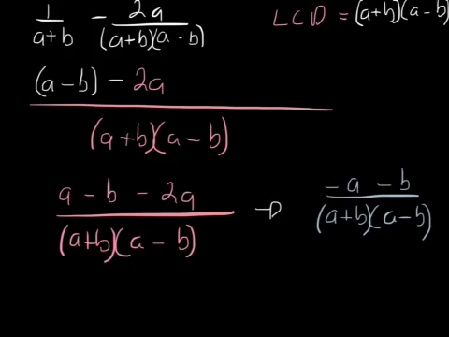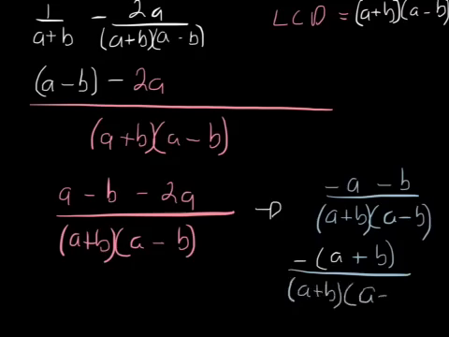So if I were to take out a common minus, I would be left with a: divide by minus gives me a, divide by minus gives me plus b, all over (a plus b)(a minus b). Let's just clean it up a little bit.